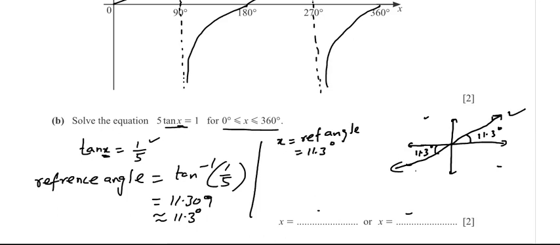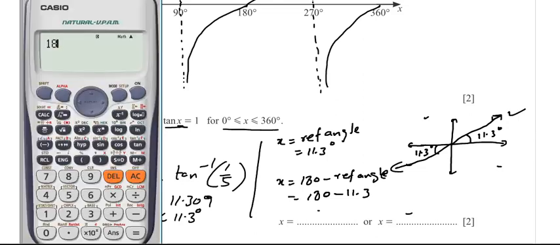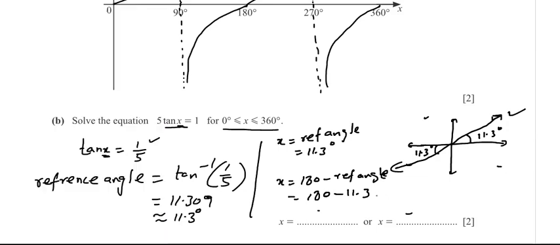But the way to write it in the third quadrant is 180 minus the reference angle. So it will be 180 minus 11.3, which is 168.7 degrees. So 11.3 degrees and 168.7 degrees.